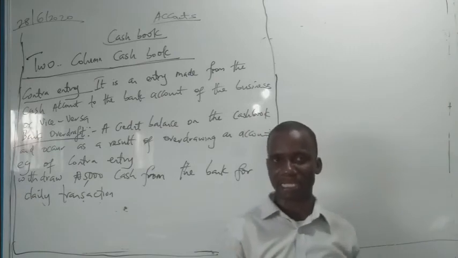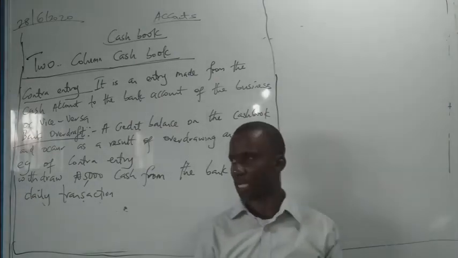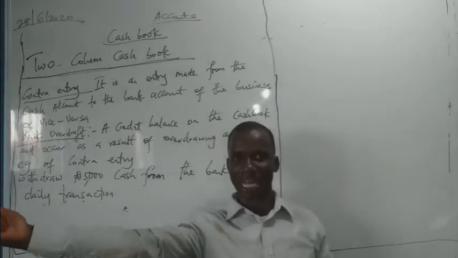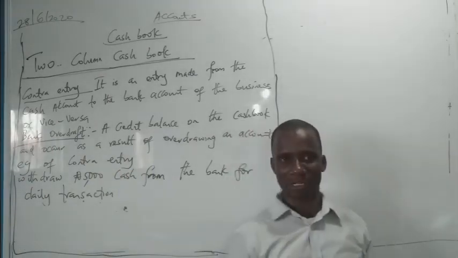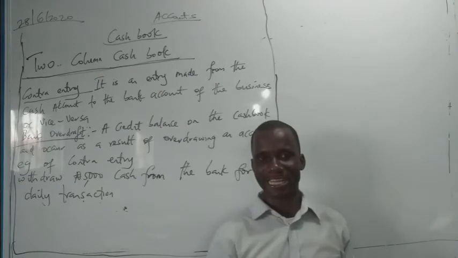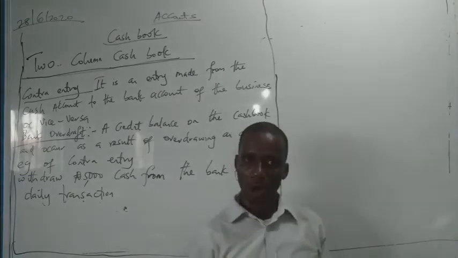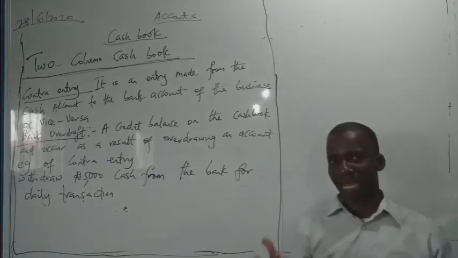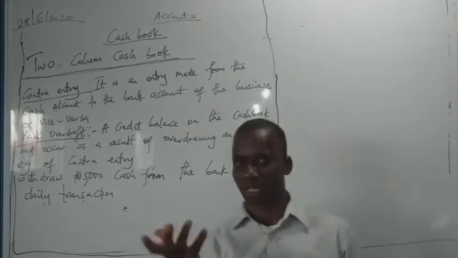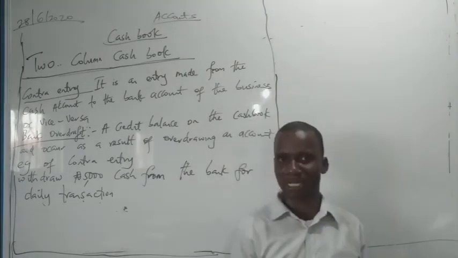When the business needs cash for daily transaction, it can move some it has in the bank and have it on hand in order to take care of the daily transaction. Or the business may have excess cash on hand that it may not need presently.